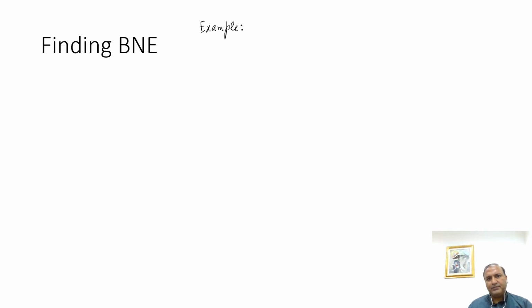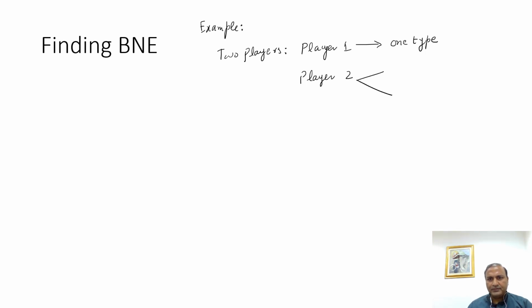In this example we have two players, player 1 and player 2. For player 1 we have only one type, but for player 2 we have two types: type A player 2 and type B player 2.